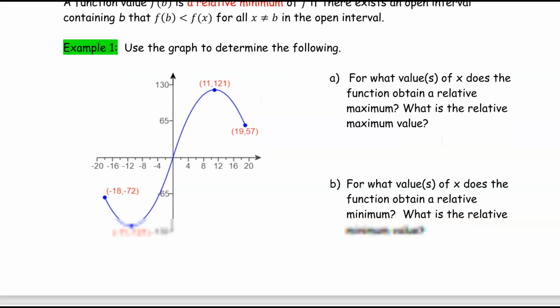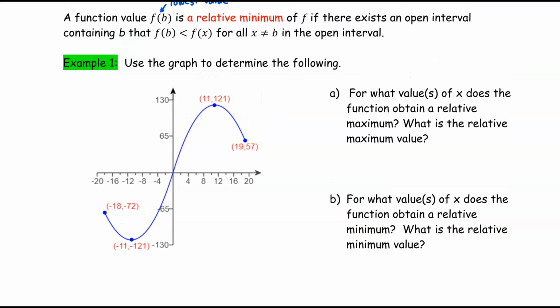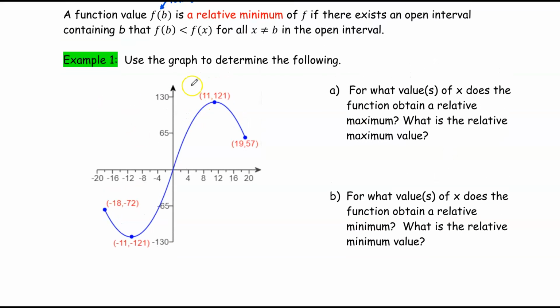So, for instance, in the example here, we want to use the graph to determine the values of x for which the function has a relative maximum, and we want also to find the relative maximum value. So we just look for an open interval for which we have a highest point.